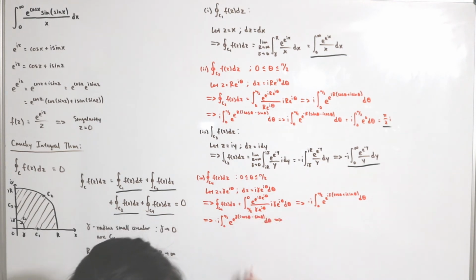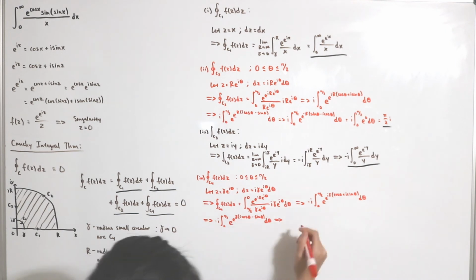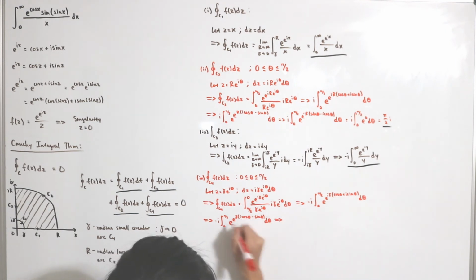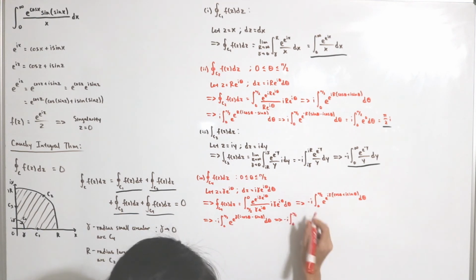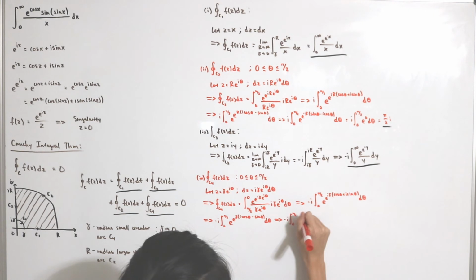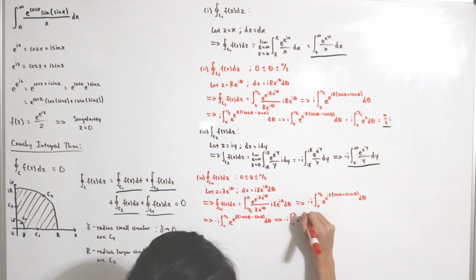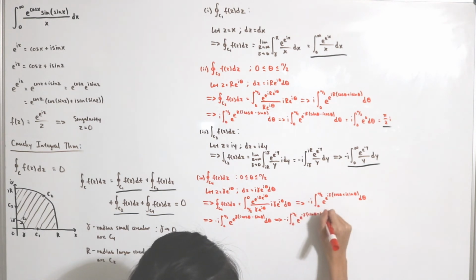And then I'll rearrange the terms here. So this means that we'll have to factor out a negative. So this is negative i, 0 to pi over 2, then e to the negative gamma of sine theta, then minus i cosine theta d theta.